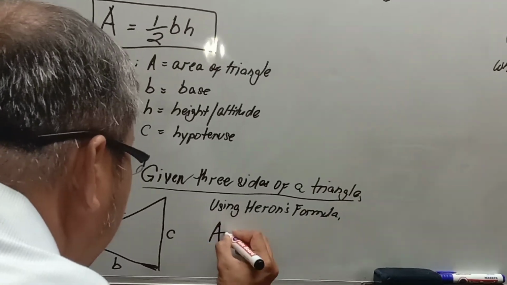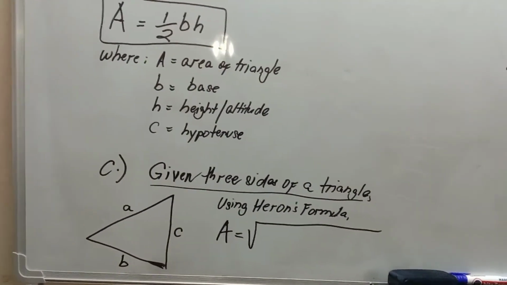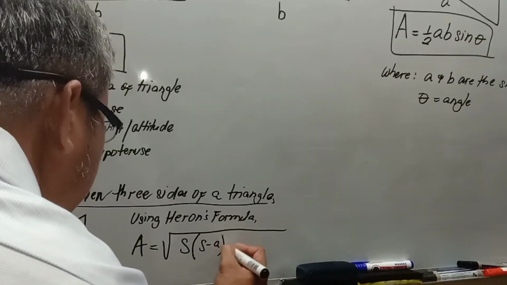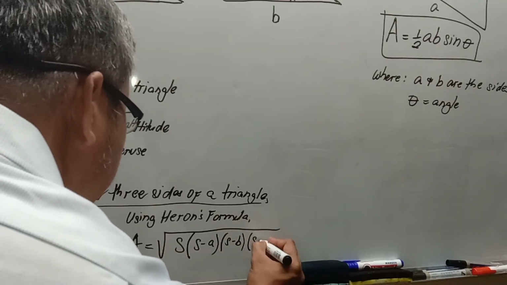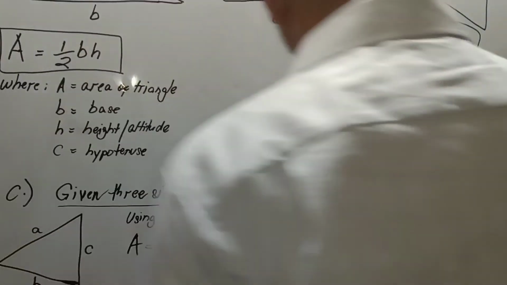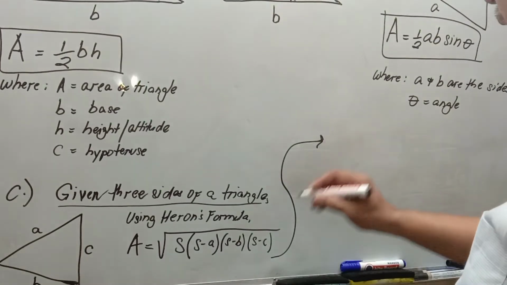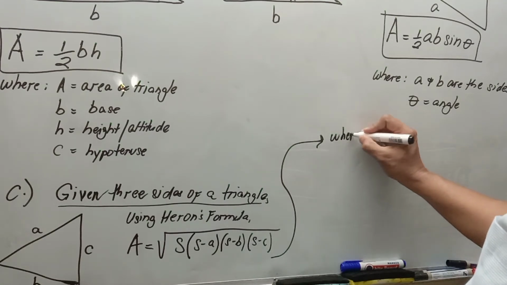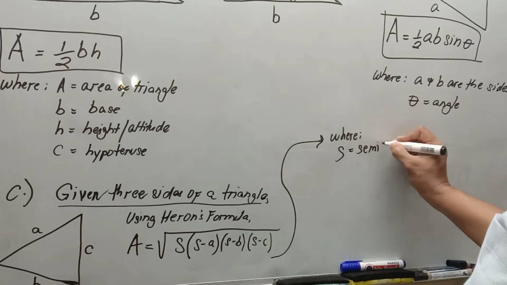Area of triangle is equal to square root of S times S minus A times S minus B times S minus C. Okay, so where S, guys, where S is the semi-perimeter of a triangle. Okay, where S is equal to semi-perimeter.